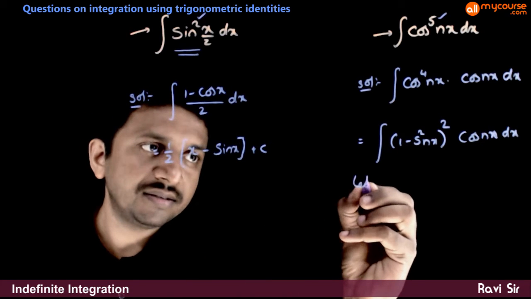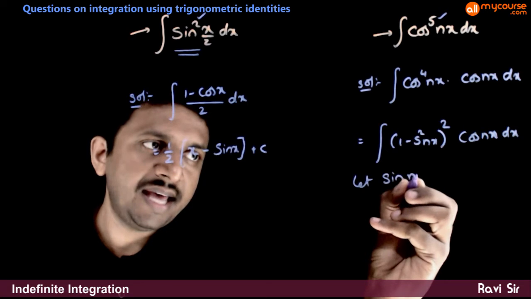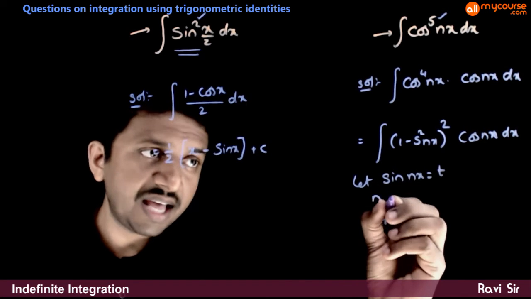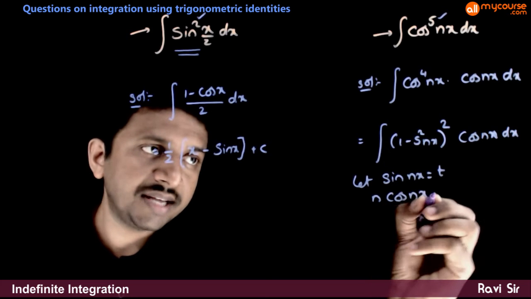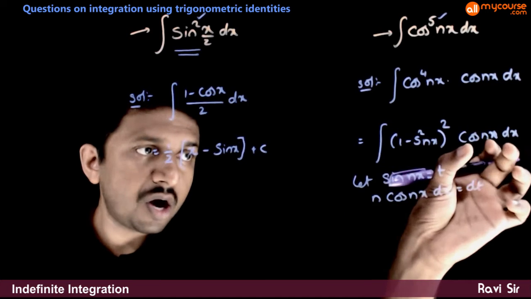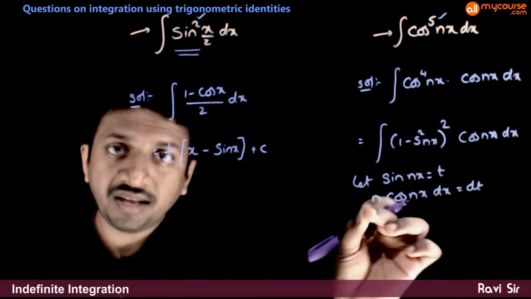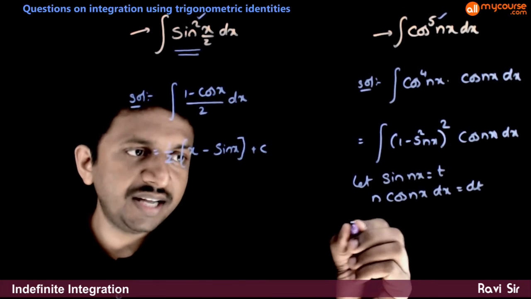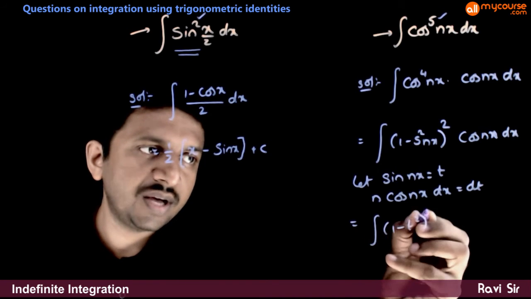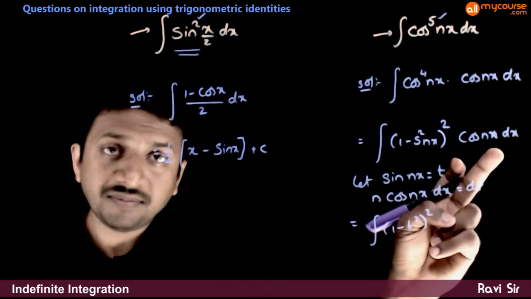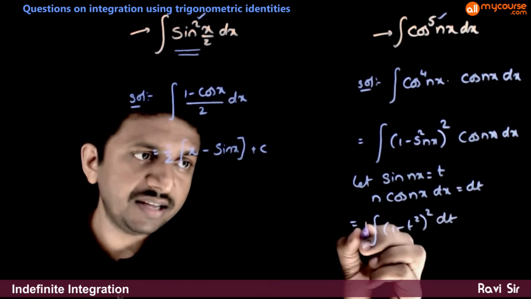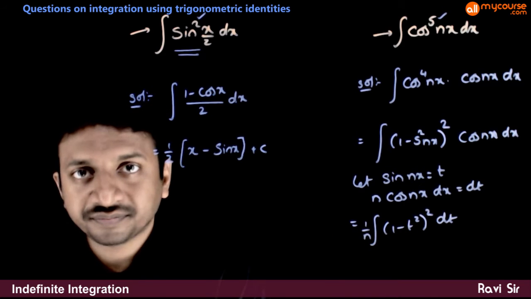Now this function is made up of sin nx and you have a cos nx dx beside it. So let sin nx equal t. If you differentiate this, n cos nx dx is equal to dt. So cos nx dx is equal to dt by n. So this integration becomes integration of (1 minus t²) whole square times dt by n.